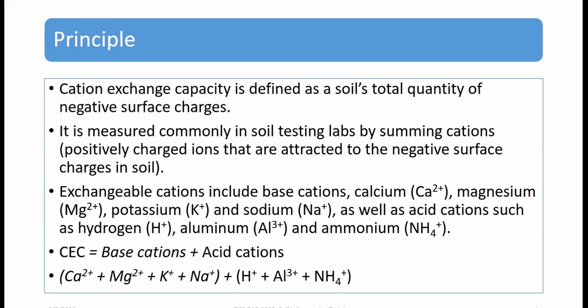So this is another definition. Cation exchange capacity actually refers to the soil's total quantity of negative surface charge. And it is measured normally in the lab by summing cations, and this is another way.